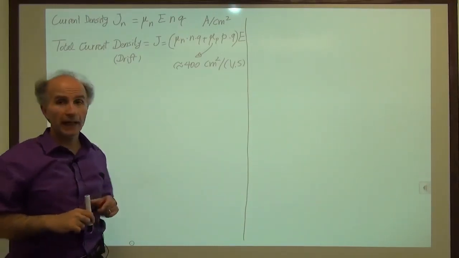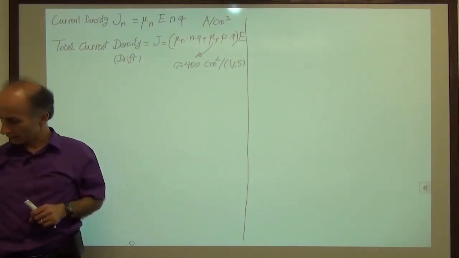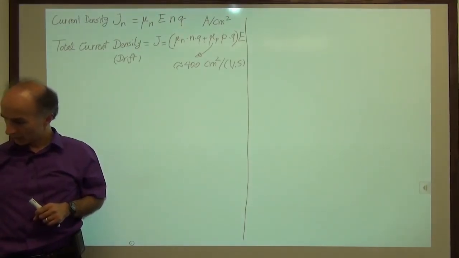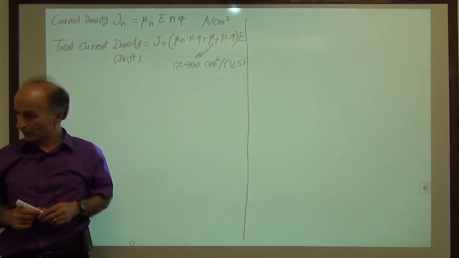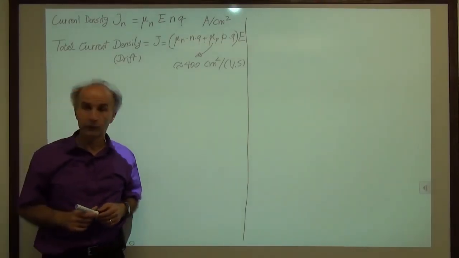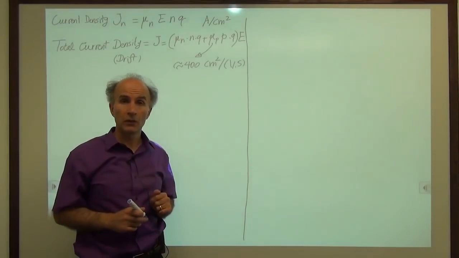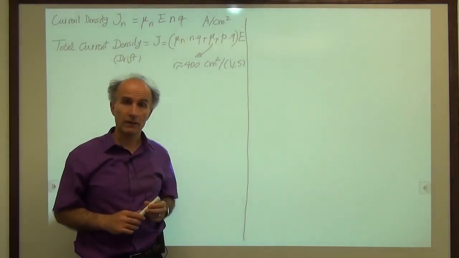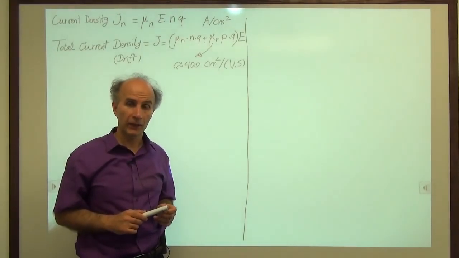So we have seen how current is conducted in response to voltage in a semiconductor. We are coming to the end of this hour, so I will have to defer the second mechanism, namely diffusion, to the next lecture. In the next lecture we will see how diffusion allows us to carry current.